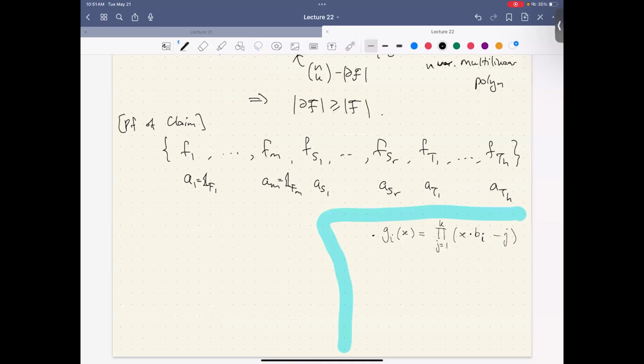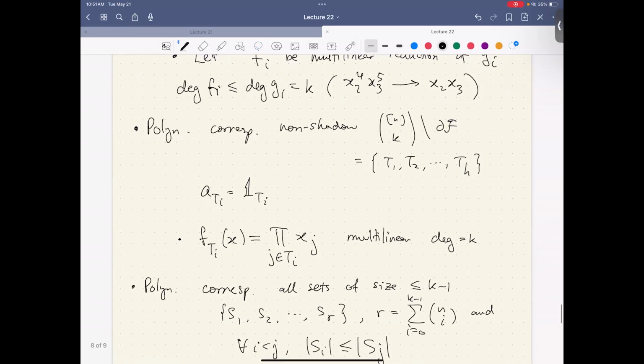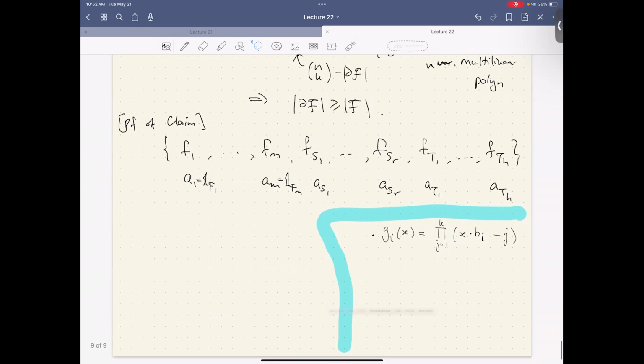So Fi is a multilinear reduction of Gi, and the other two are quite standard. At least this one is standard. That's the third one.